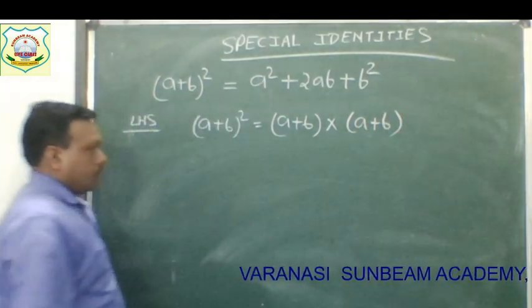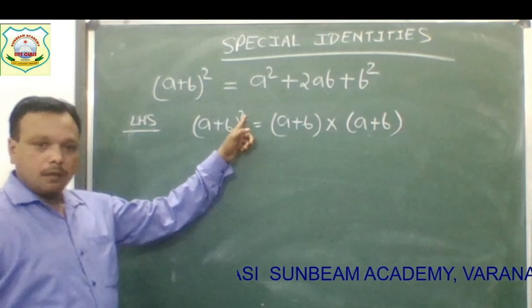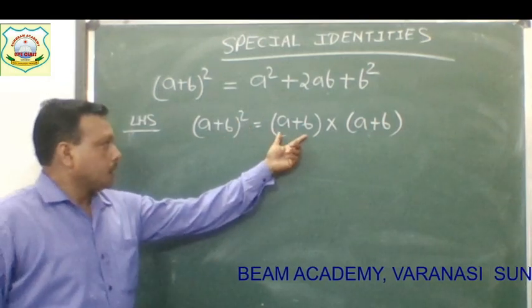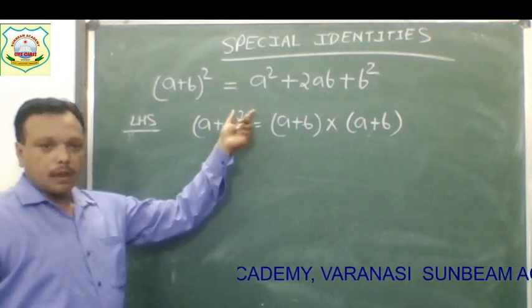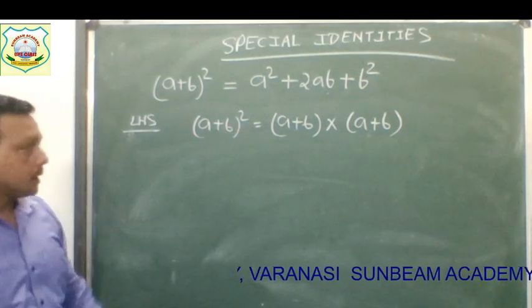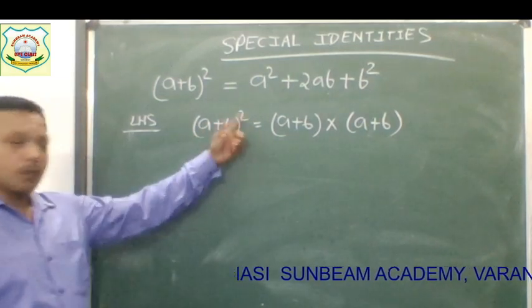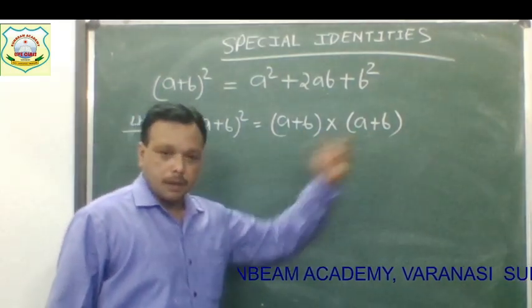As I was saying, a plus b square means a plus b into a plus b. Clear?